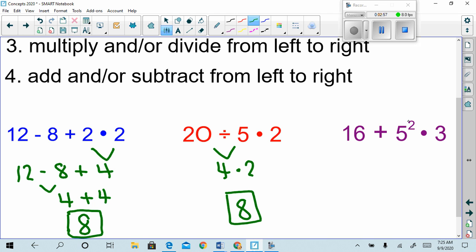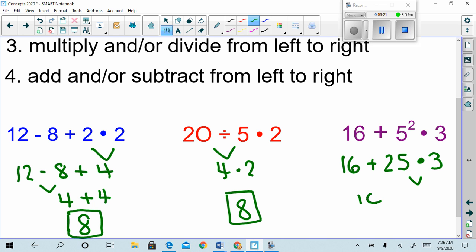Addition, a power, which is a multiplication, and another multiplication. No parentheses just yet, but I do have a power, so I'm going to evaluate 5 squared, which is 5 times 5, and it's 25 times 3. Moving on to the next step in simplifying is an addition and multiplication.